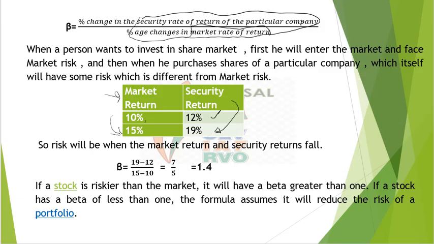So beta will be 19% minus 12%, which is the percentage change in security rate of return of that particular company, divided by 15% minus 10%, the percentage change in market rate of return. That is 7 upon 5, which is 1.4. If the stock is riskier than the market, it will have a beta greater than 1. If a stock has a beta less than 1, the formula assumes it will reduce the risk of a portfolio.